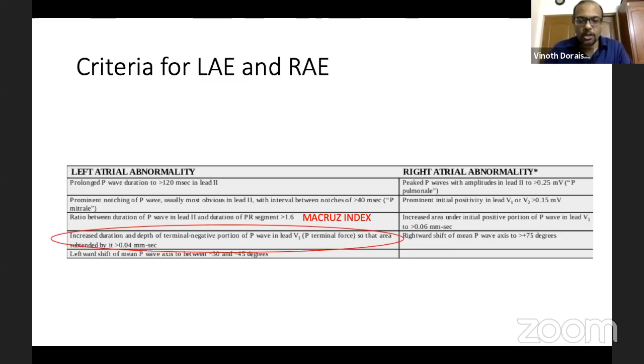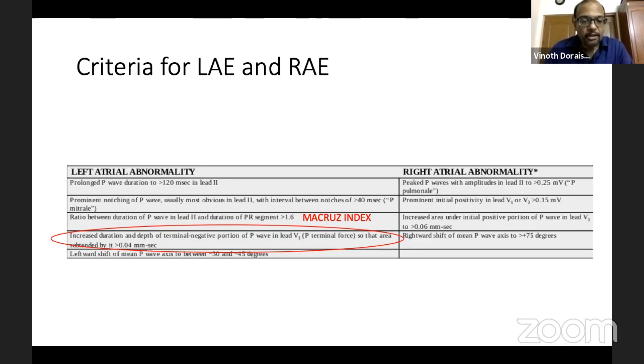But I would like to show you the rule which I put. We all know that the P wave morphology is biphasic in V1. The initial part is positive and the terminal part of the P wave is negative. The second half of the P wave in V1 signifies the left atrial depolarization.